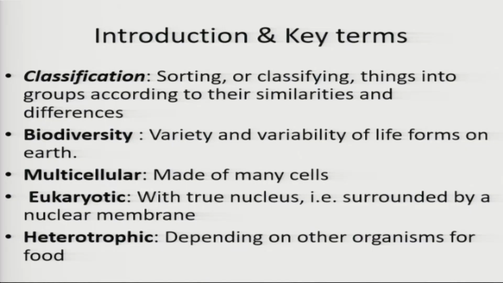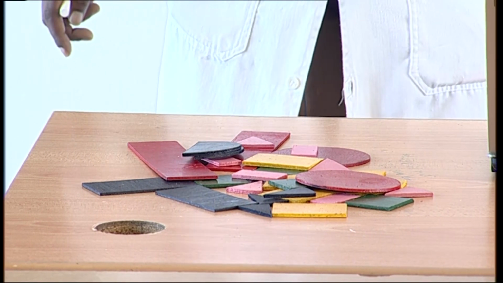Classification is sorting or classifying things into groups according to their similarities and differences. Let us take these to be examples of the animals we have seen in the first picture.